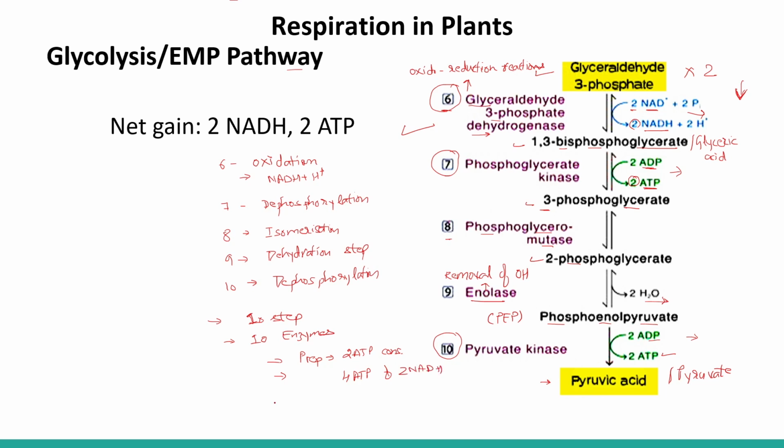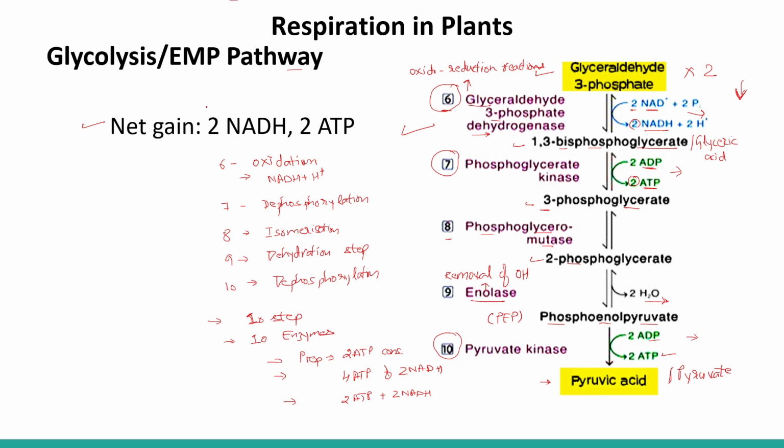So the net outcome will be 4 minus 2, which is 2 ATP, along with 2 molecules of NADH. This is the net gain of the glycolysis pathway.